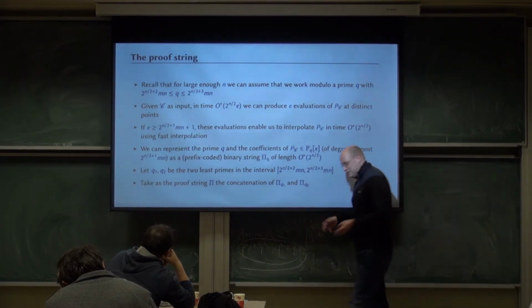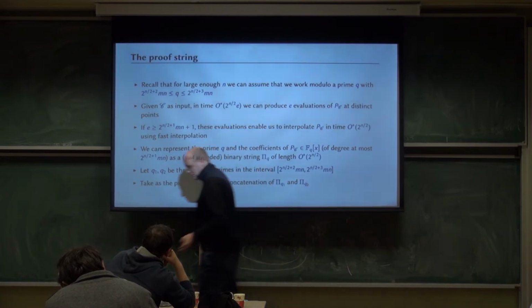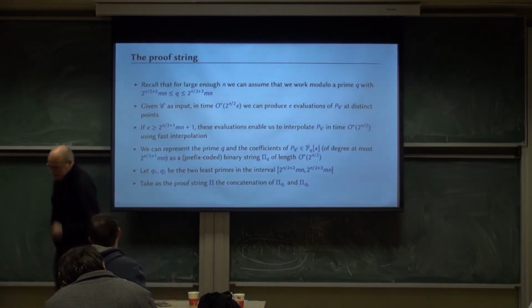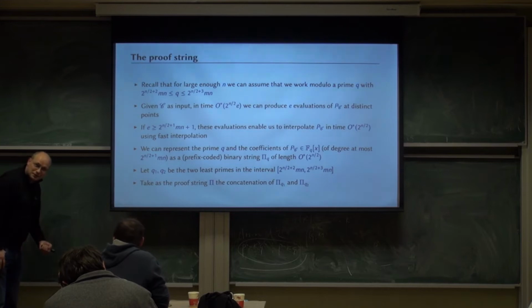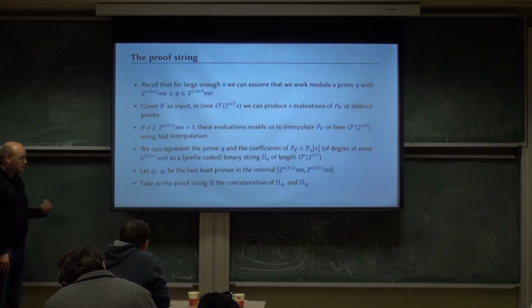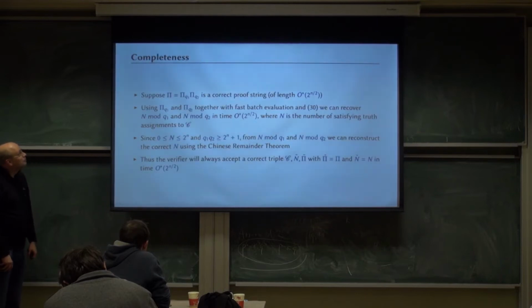But we haven't yet discussed how to actually check the proofs, because the verifier needs to reject with high probability whenever it gets a bad proof, however that bad proof is formatted. That part is not yet clear at all.